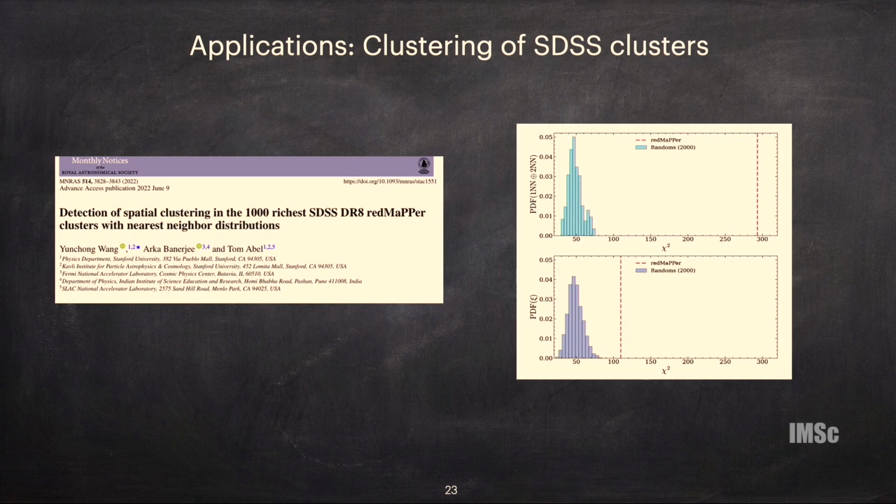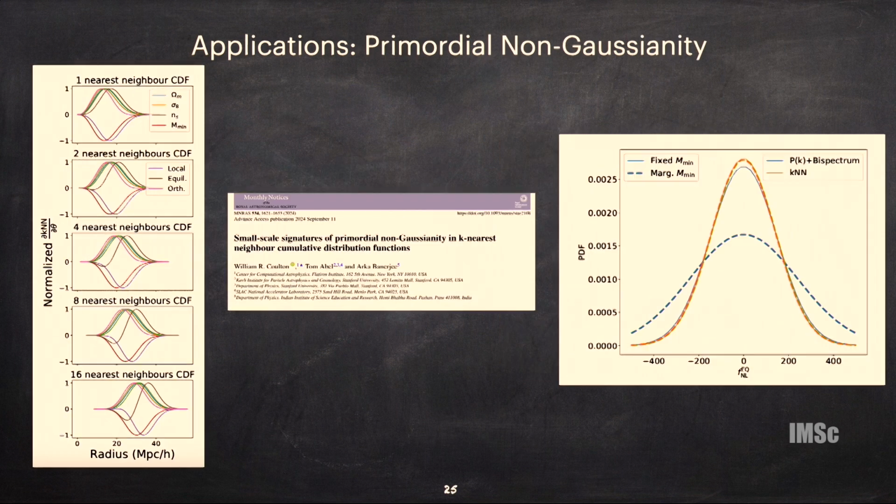And we were able to show in a number of cases, both on data and on simulations, that we get much more signal to noise compared to the 2-point function because we are sensitive to all n-point functions in the data. So this is one paper on actual data, which is the 1000 richest redMaPPer clusters in SDSS.